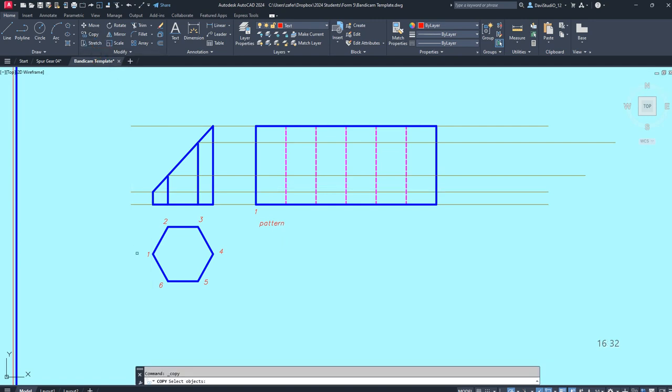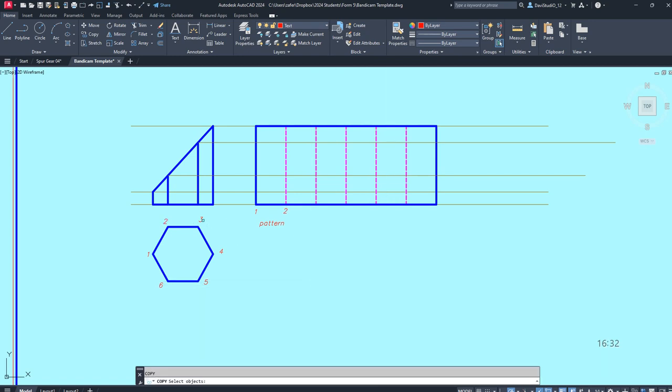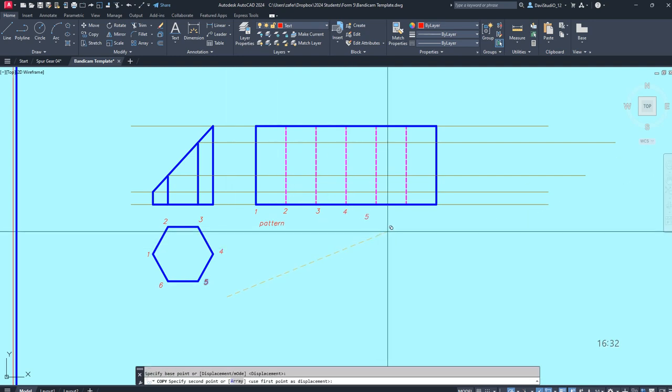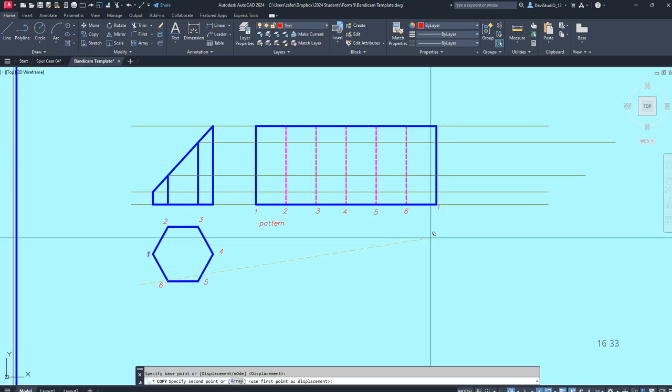So we copy now 2, 3, 4, 5, 6. Now remember, 1 is where you would start. So after 6, you go back to 1.